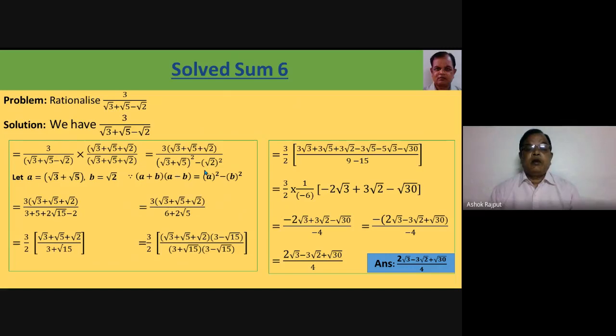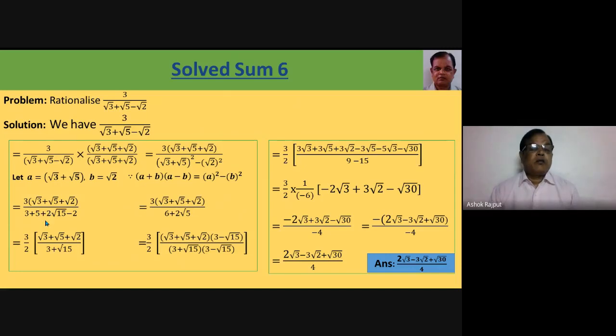So we will use this identity a plus b, a minus b equal to a square minus b square, and we will multiply it by 3 as a simple method. As we break the bracket and write here its value. So it is a square minus b square as we have explained here. Then here we are seeing 3 bracket root 3 plus root 5 plus root 2 by it is square of this one a square.